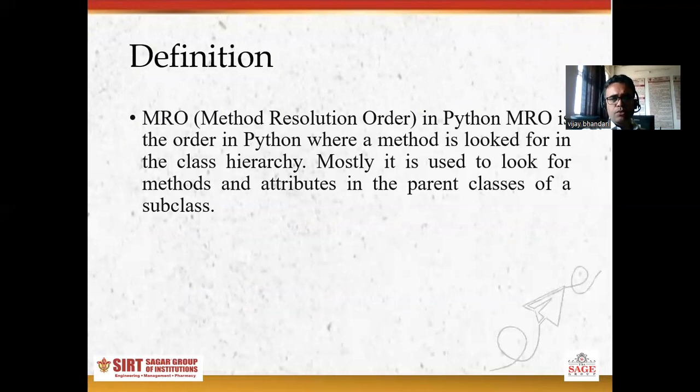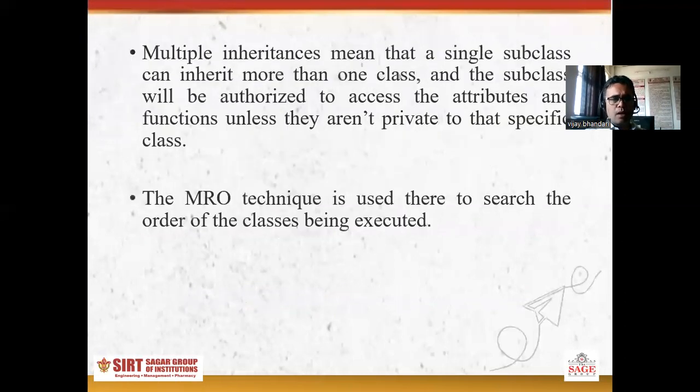That understood to you? Now, multiple inheritance means a single subclass can inherit more than one class, and the subclass will be authorized to access attributes and functions unless they are not in a specific class.